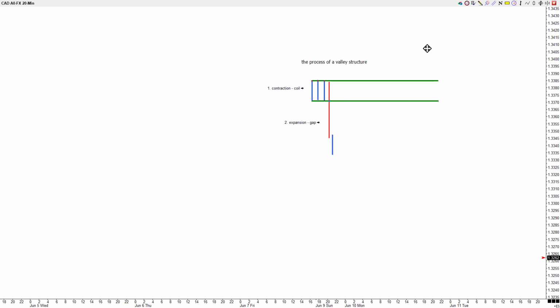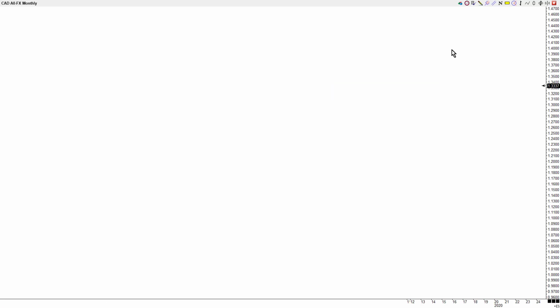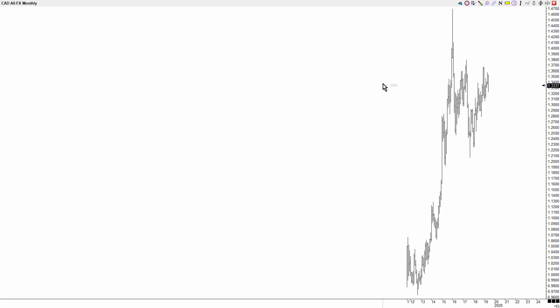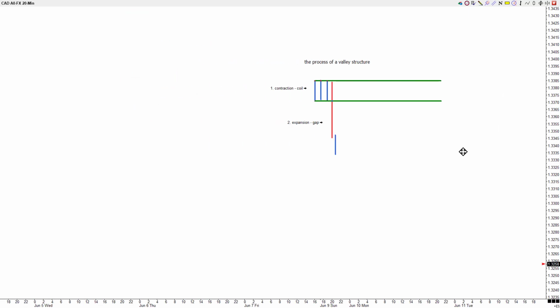Okay, so over here, let's define. So we want to get this as objective as possible. Let's define gap. I'm going to make it a wide range bar gap. There's many types of gaps, but let's just, whoa, where'd everybody go? Get back over here.